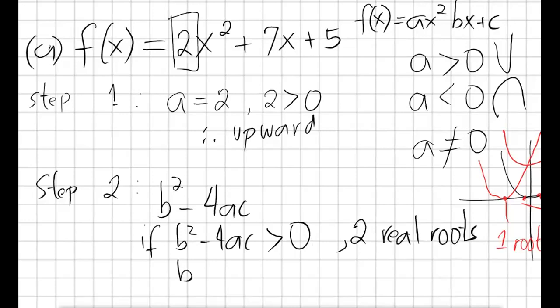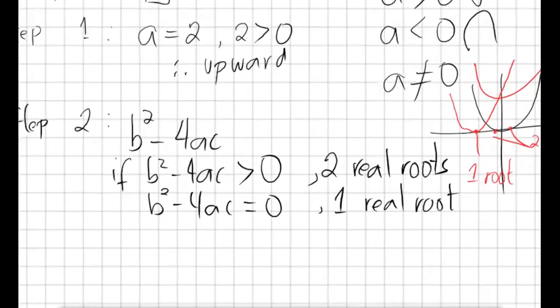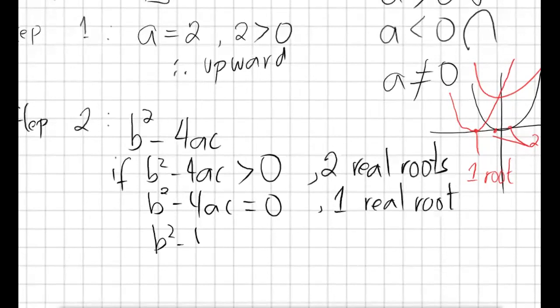If b squared minus 4ac is equal to 0, then it has exactly 1 real root. But if b squared minus 4ac is a negative number, or is less than 0, then it has no real roots.